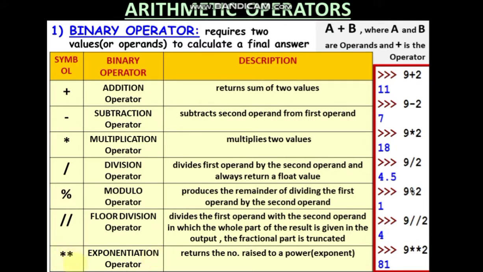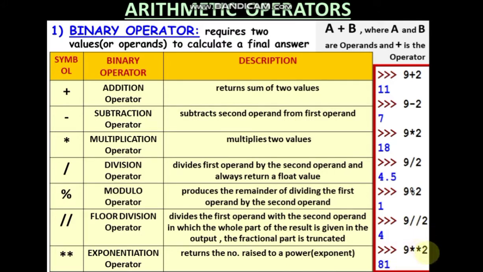Now come to the exponentiation operator. This double star which you can see is the exponentiation operator, which we say as power, like x to the power y. It returns the number raised to a power or exponent, like 9 to the power 2, that is 9 into 9, 81.